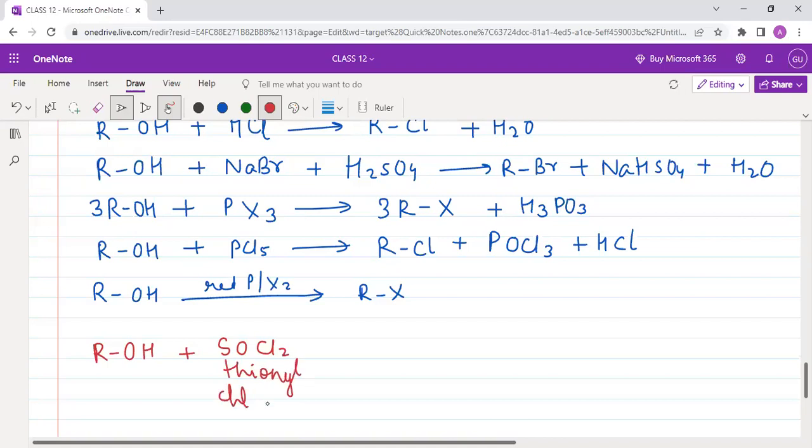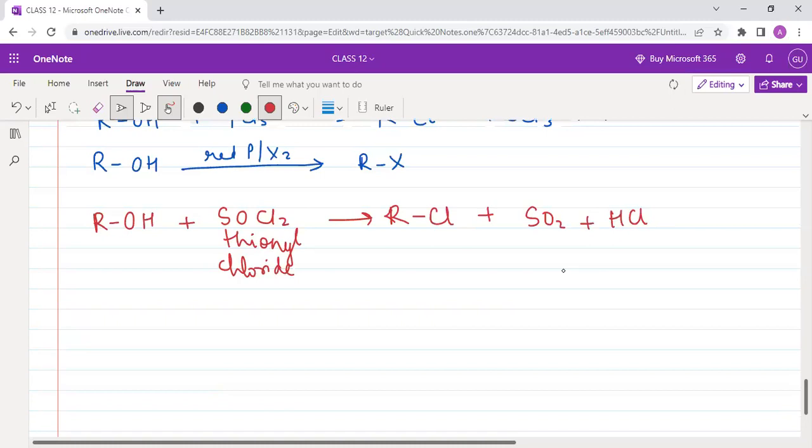Here you'll get RCl, along with it you'll get sulfur dioxide and HCl. And you know that sulfur dioxide and HCl are both gaseous substances. So here two gaseous products are formed.